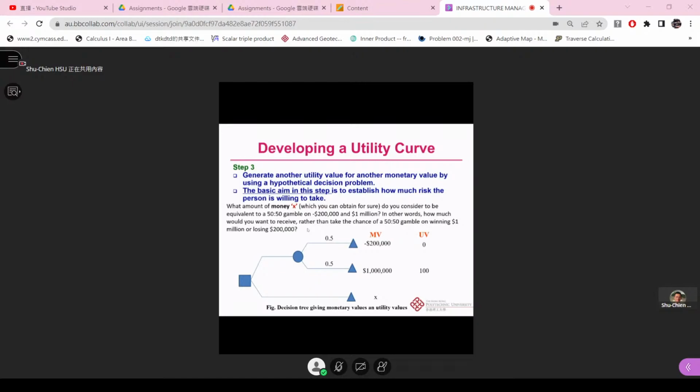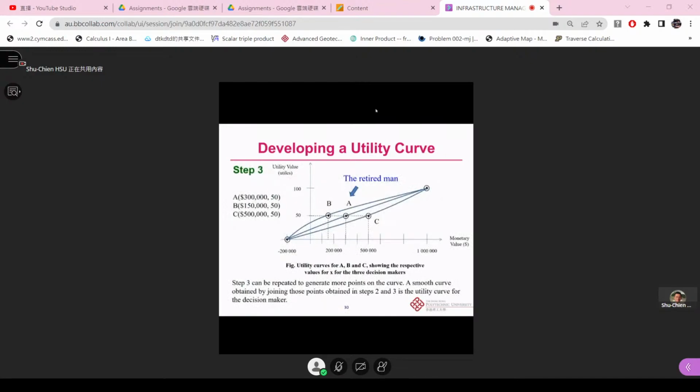See which way you prefer, so that we can have different kinds of subjective views. For example, if someone wants 300,000, then we put it at 50 here.